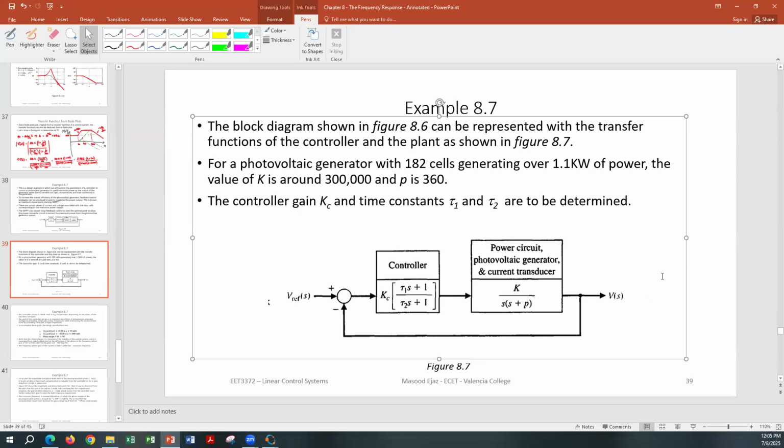The value of K is around 300,000, right here, this K, and the value of P is 360. Controller gain Kc and the time constants tau1 and tau2, we have to determine what their values are for the optimum power generation.